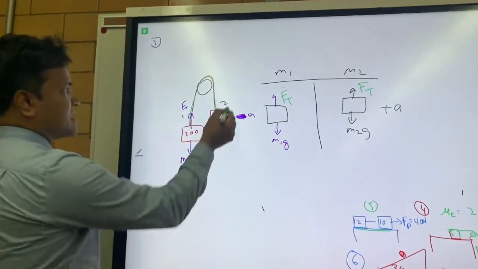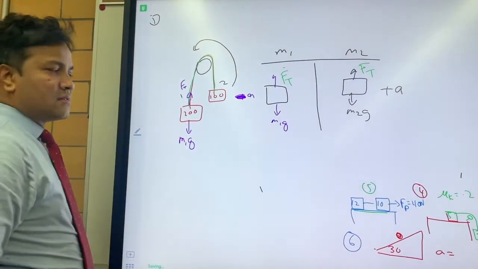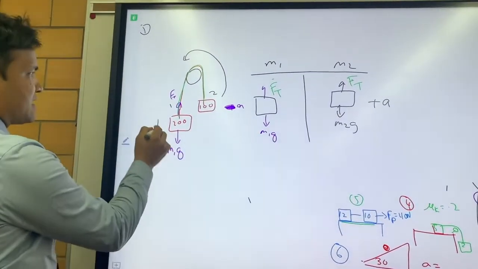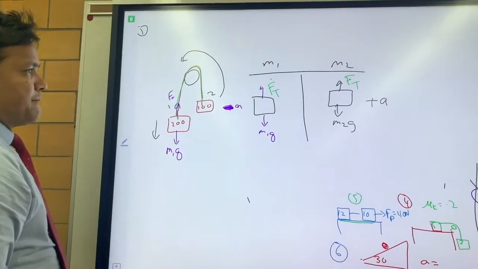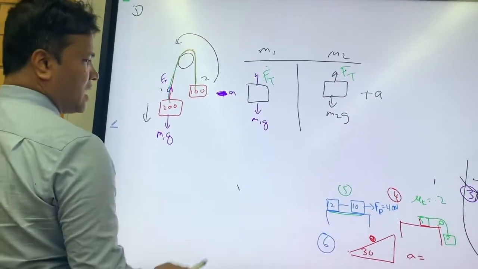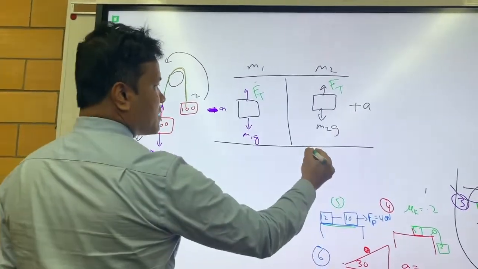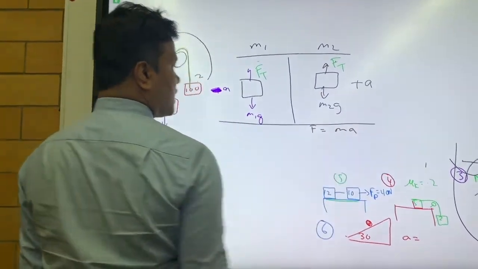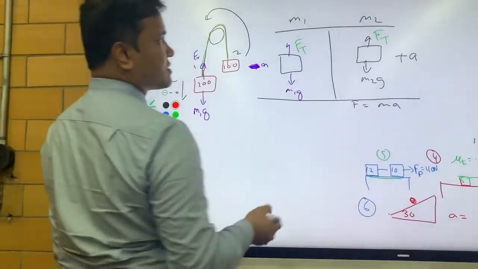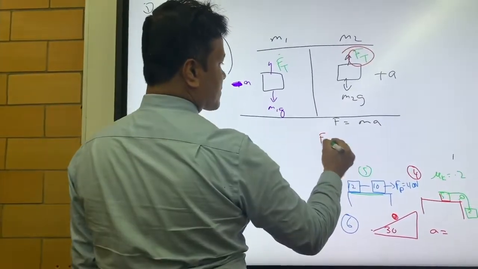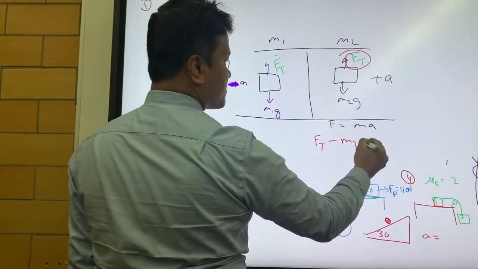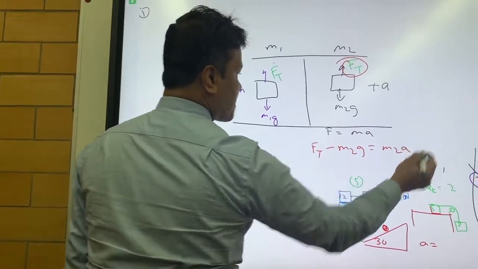Why positive? Because this guy is moving this direction. And this guy is moving this direction, that's why it is negative. Now I'm going to write Newton's second law to write the system of equations. So F equal to ma. Alright, so F should be replaced by what? Ft minus m2g is equal to m2a.